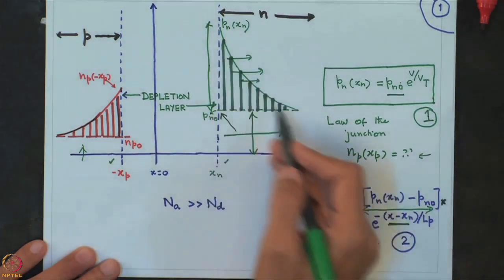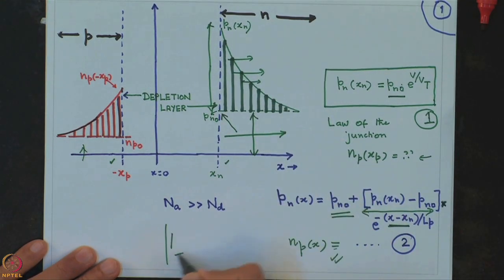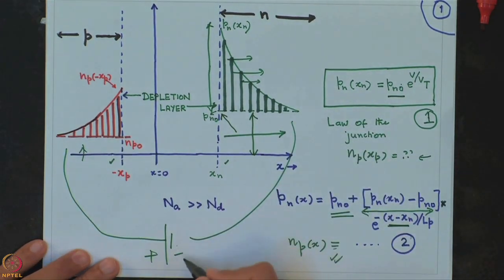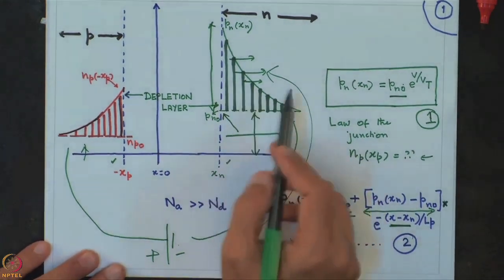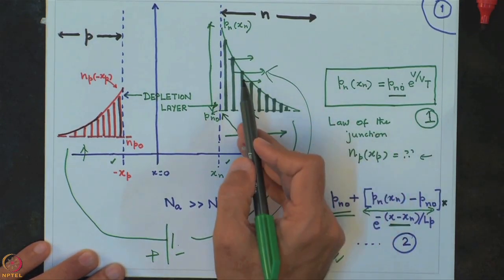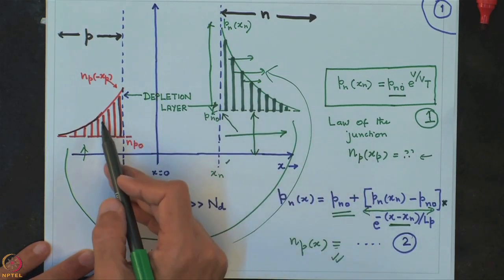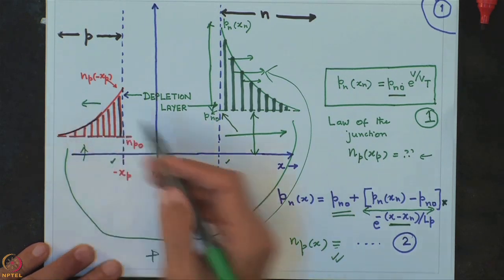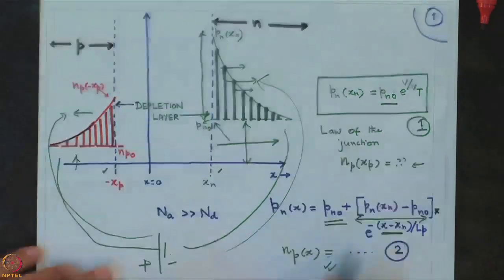To maintain the equilibrium condition, the external source, which in this case is negative here and positive here, must supply the majority carriers, electrons, depending on how many electrons are used up in neutralizing the holes, the minority carriers, which are trying to diffuse onto the right side. Similarly, on the right side, as the electrons are neutralized by the holes, holes have to be supplied by this, so that the equilibrium profile is maintained.